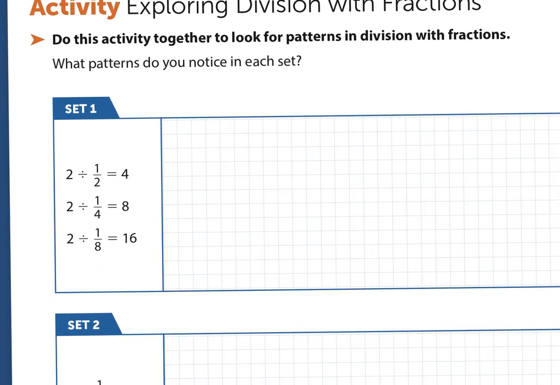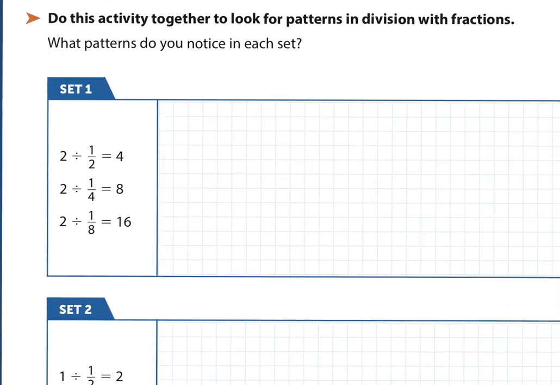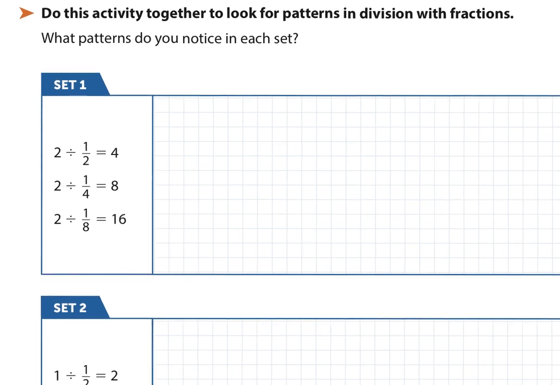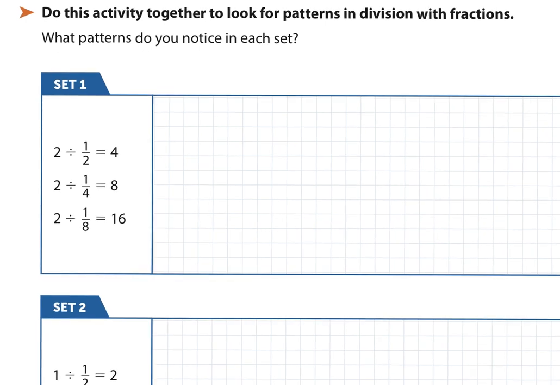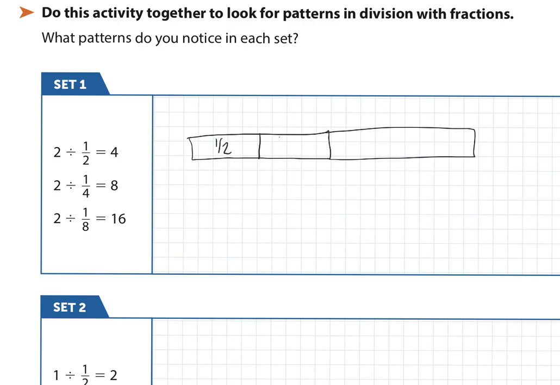And we're going to do set 1. In set 1, you see a pattern of the whole number 2 divided by different fractions, and we're going to draw that out. I have drawn 2 boxes on the screen, and we're going to divide each box in half.